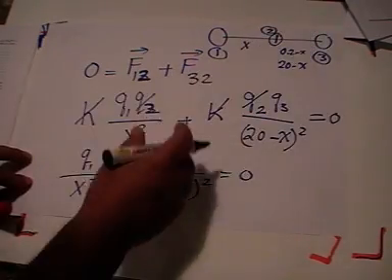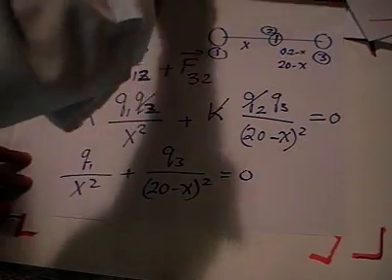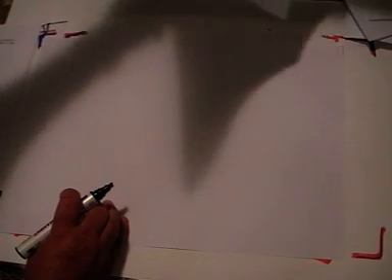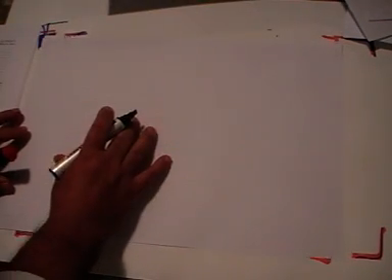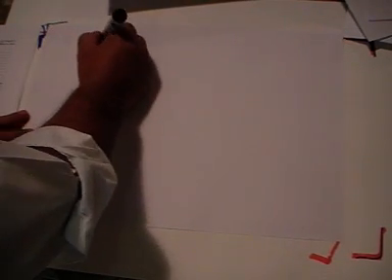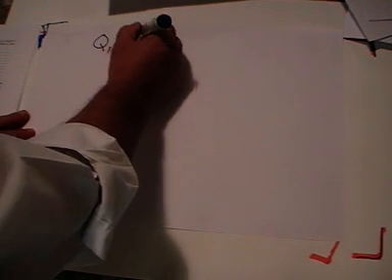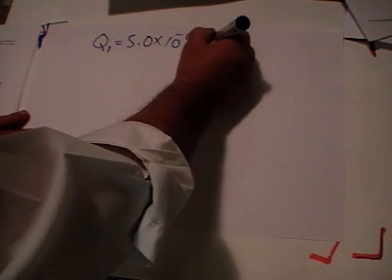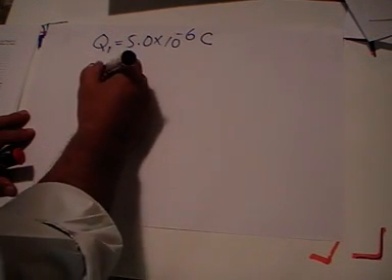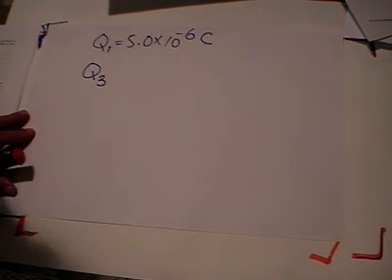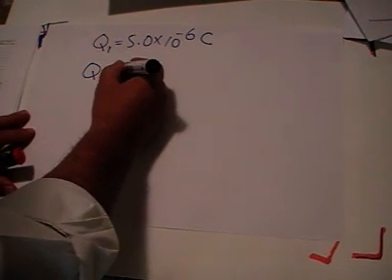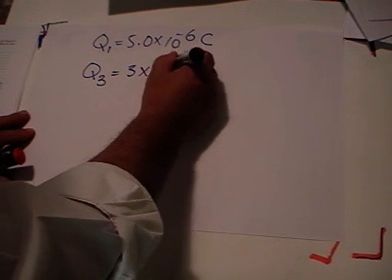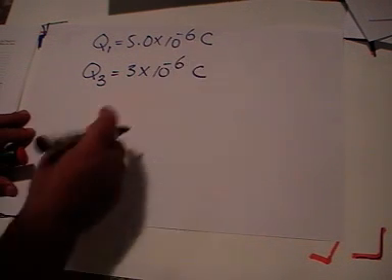Please correct this, because I forgot to correct it in the example. In the example, you're given Q1 equal to 5 times 10 to the power of minus 6 coulombs, and Q3, not Q2, that's a typo, is equal to 3 times 10 to the power of minus 6 coulombs.